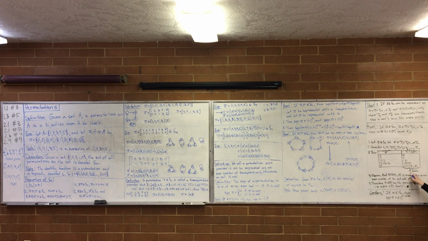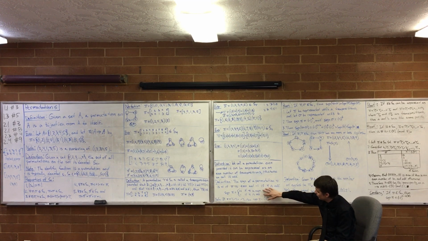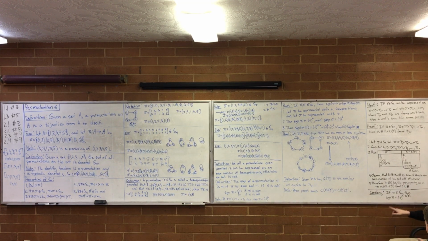Sorry, the sign of pi is 1 when it's even and -1 when it's odd. So we know the sign of pi is +1 when it's even and -1 when it's odd, and that has the same parity as the number of transpositions.